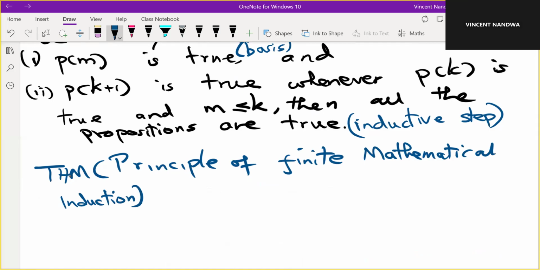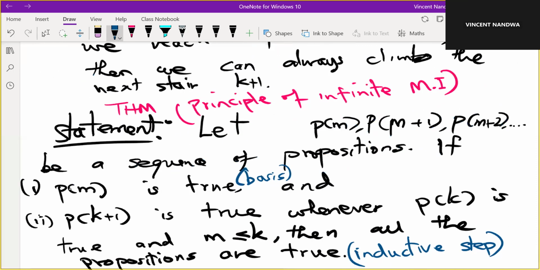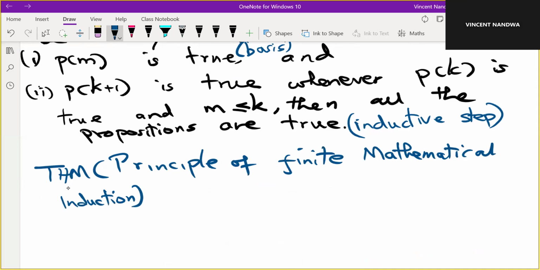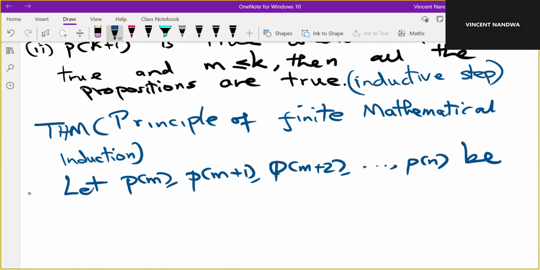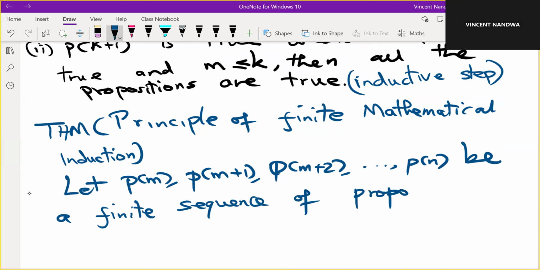So let P of M, P of M plus 1, P of M plus 2, all the way up to P of N be a finite sequence of propositions.